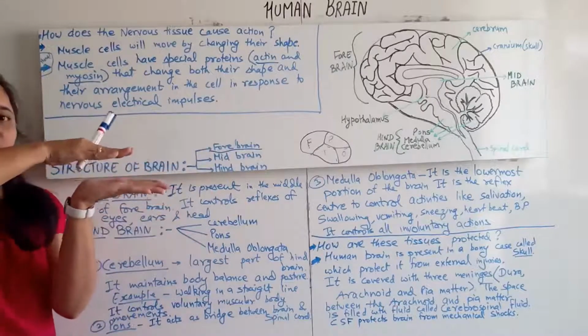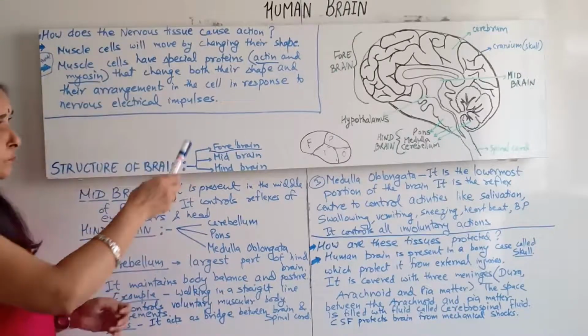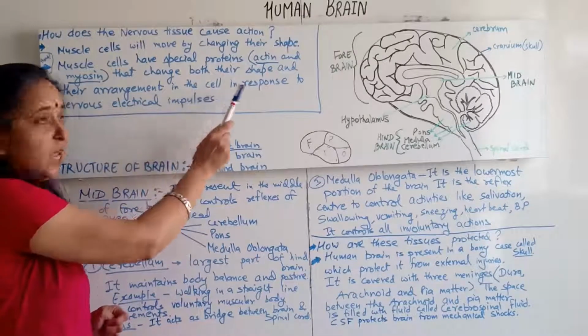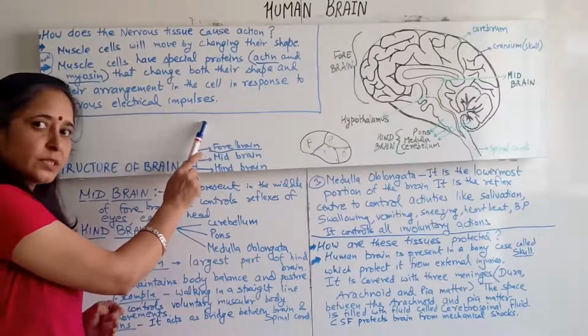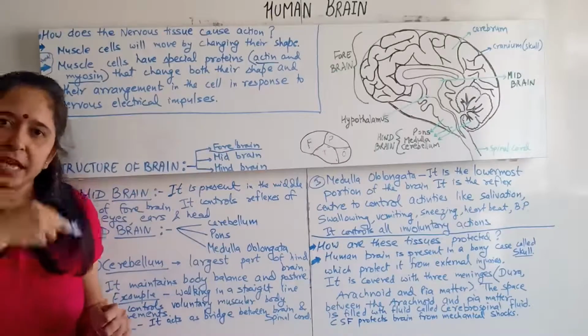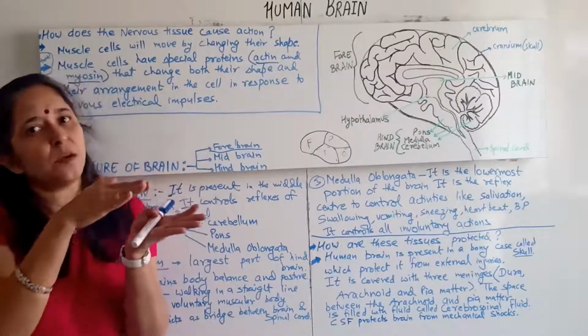The sliding-like movement will be there in the muscles with the help of these proteins. So they change the shape and their arrangement in the cells in response to the nervous electrical impulse. When this shape and arrangement is changed, then the muscles move. That shows the movement in the muscles.